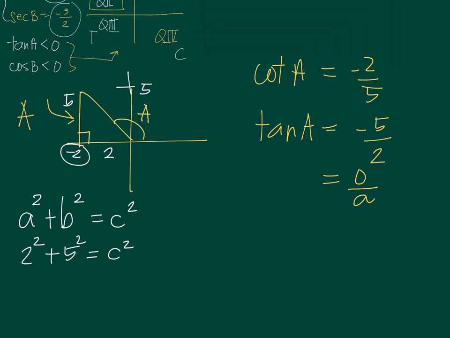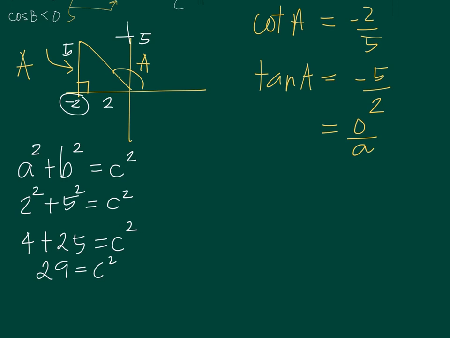Then 2 squared is equal to 4, 5 squared is equal to 25, so 29 is equal to c squared. This implies that c must be the square root of 29. We are disregarding the negative square root of 29 because it is a side of a triangle. So we can now label the hypotenuse as square root of 29.